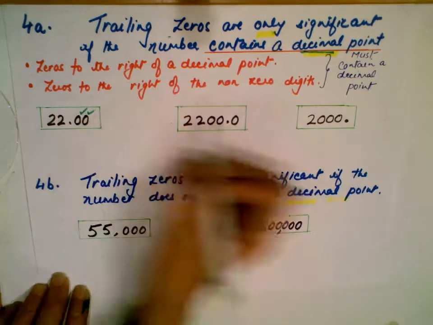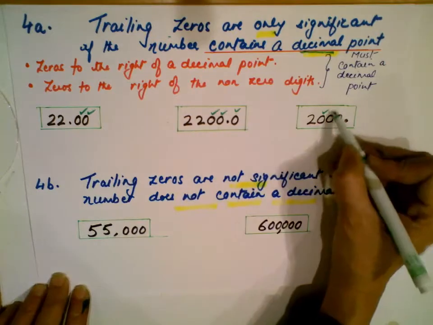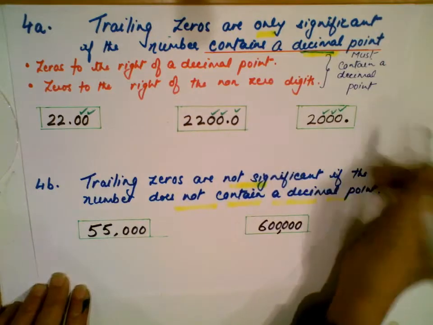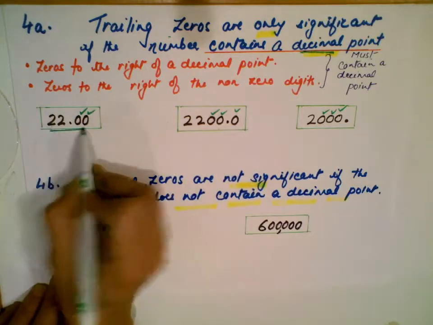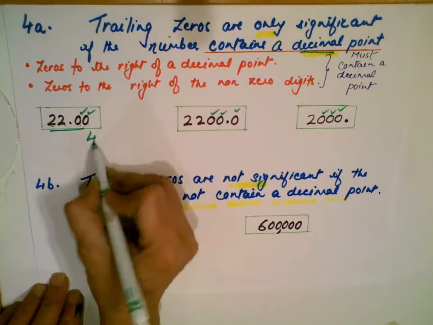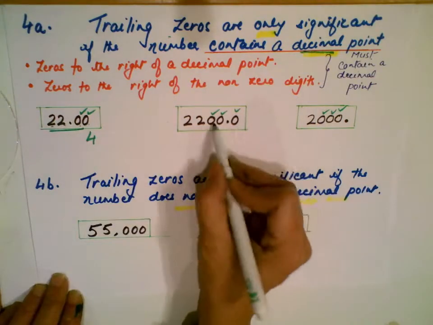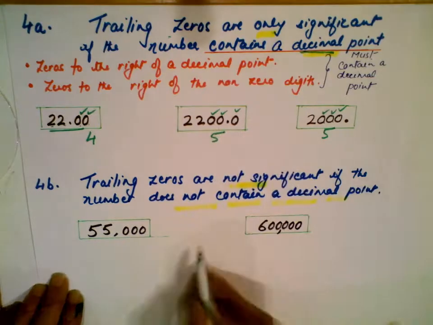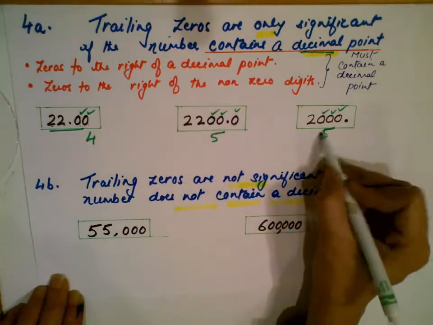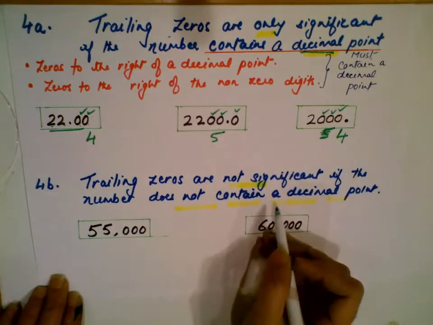So yes, these are all significant because here also we have a decimal, and non-zero digits are always significant. So we have altogether 4 significant figures here, 5, and here 5, and 4 significant figures.